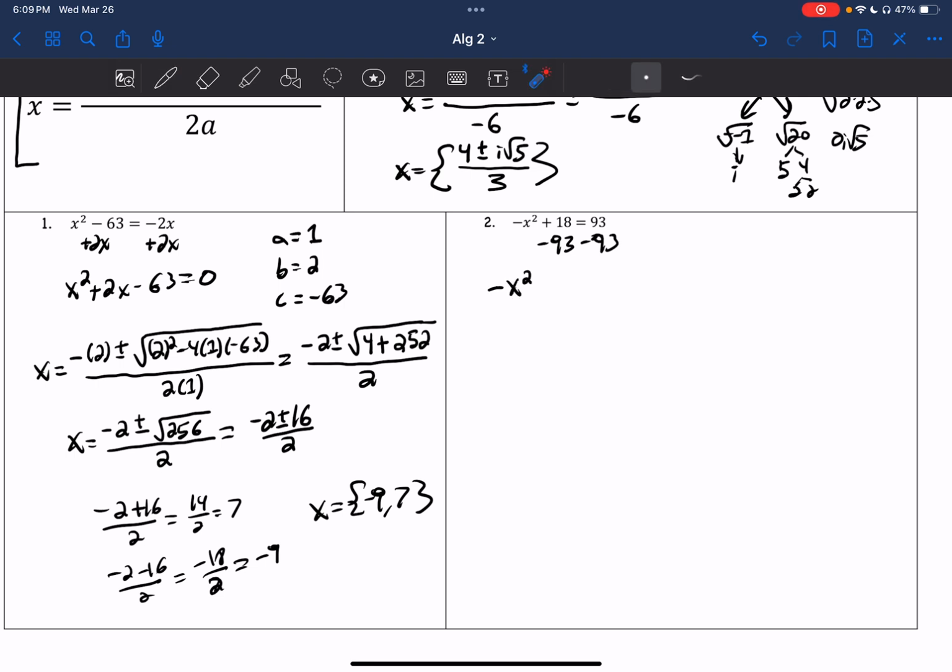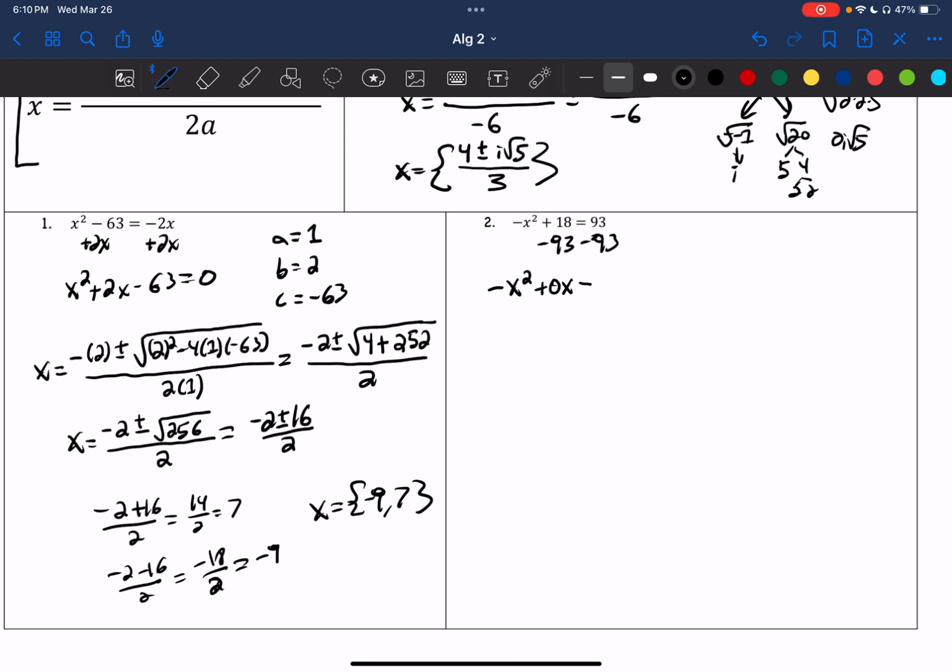And this time, I'm going to write plus 0x, even though we don't have any x terms here, we still want to write it in standard form, so we can include a 0x. If you leave out the 0x here, it's not going to change your answer. You just need to make sure that you're keeping track of the value of b being equal to 0.